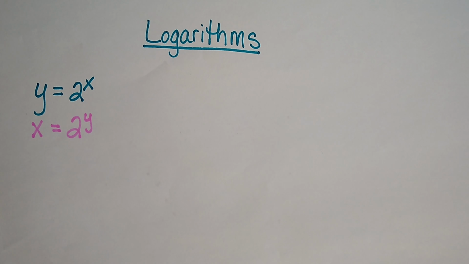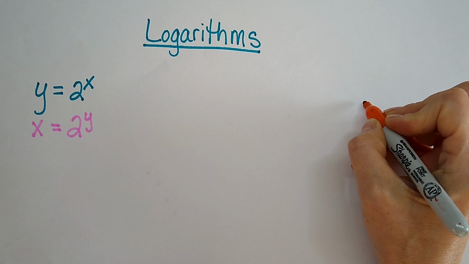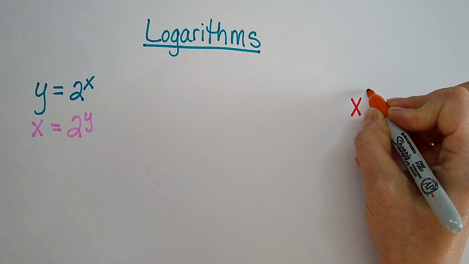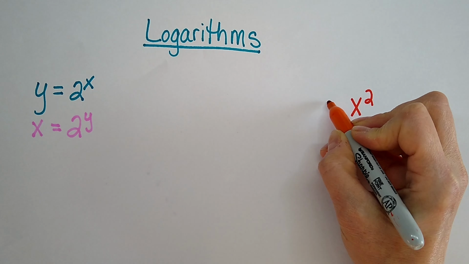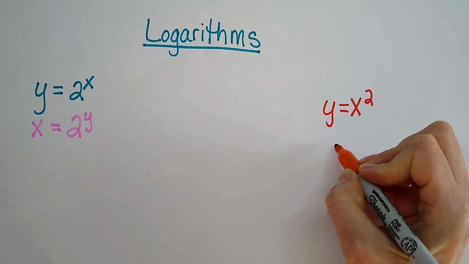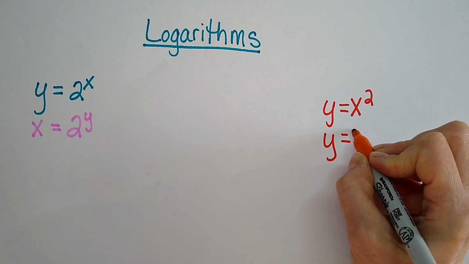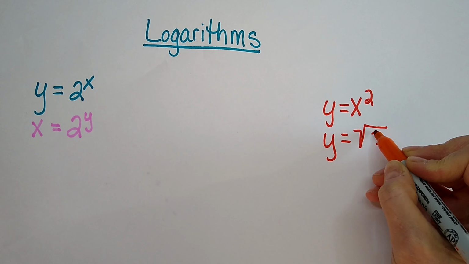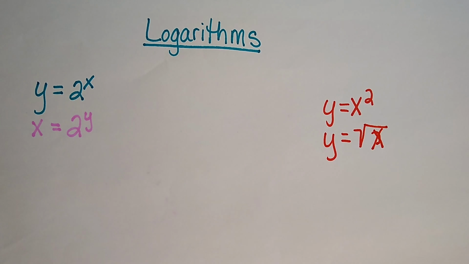We need logarithms to basically undo an exponential function, very much like x squared. And I'm going to write that down so you can see it. I'm going to write it over here though. Very much the way that y equals x squared and y equals the square root of x are inverse functions.